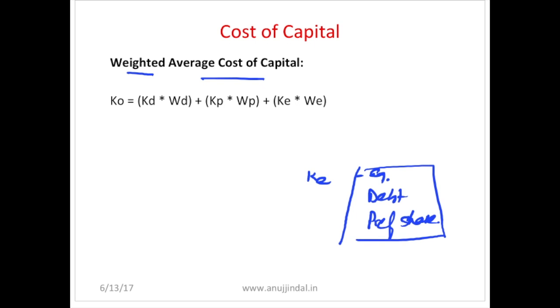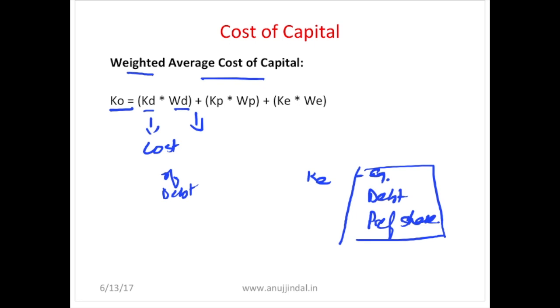So the weighted average cost of capital for all these three will be called KO, and it is KD into WD, wherein KD is the cost of debt, and you multiply it by the share of the entire debt in the entire capital structure of the company.